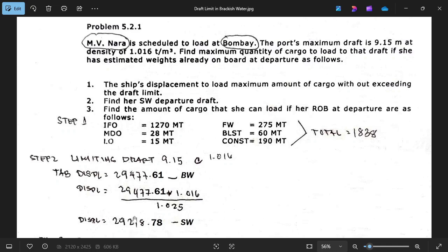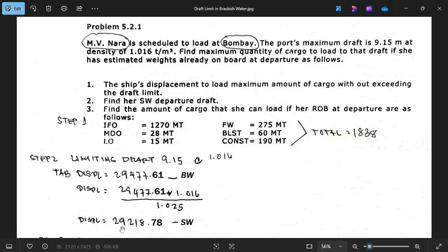And what will be her displacement in salt water? The formula is your displacement in brackish water times your density of brackish water over your salt water of 1.025.